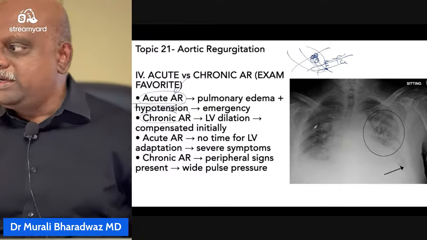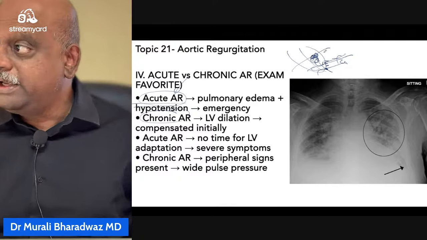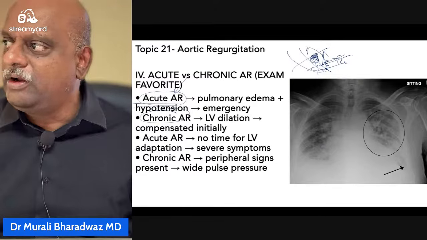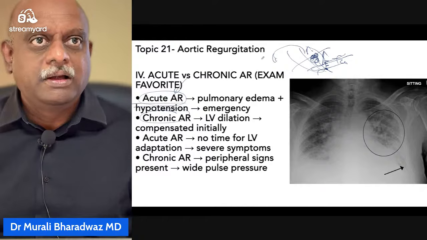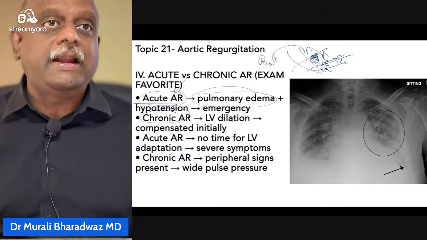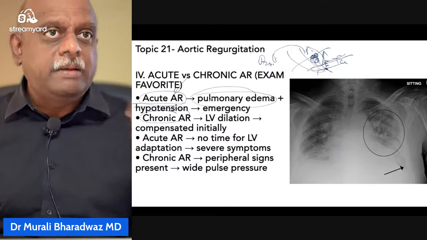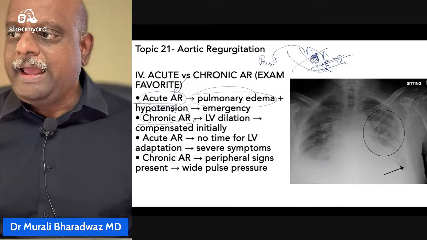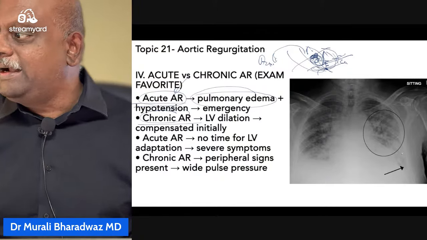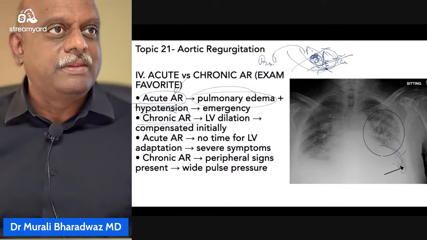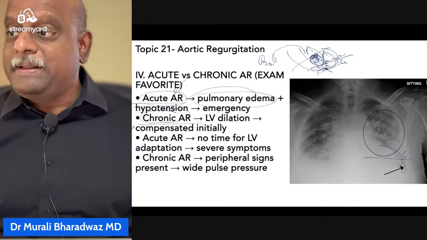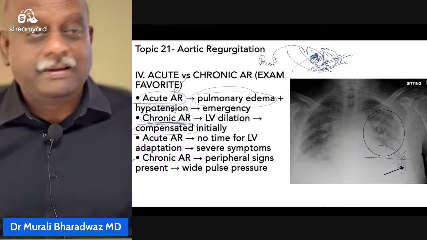But in acute regurgitation, there's acute rise in pressure in left ventricle, reflecting on left atrium, leading to pulmonary capillary pressure increase and leading to pulmonary edema, hypotension. It is an emergency. In chronic AR, that high pressure is accommodated by the dilatation of the ventricle. So LV dilatation is the compensation in chronic AR.